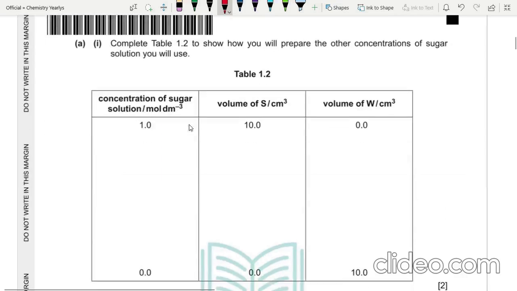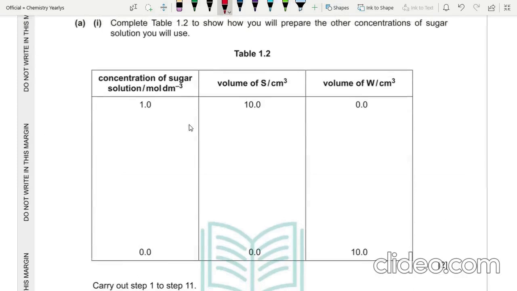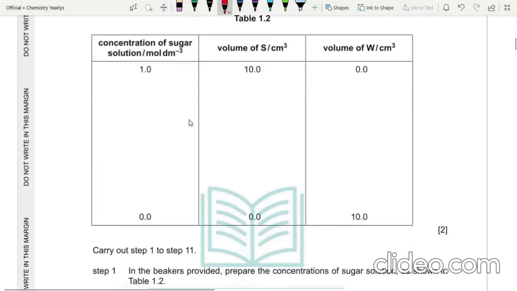So we have to just make 3 other solutions other than that. Part A 1 says to use table 1.2 to show how to prepare the other concentrations of sugar solution you will use. If they have given us 1 and 0.0, let's predict at what concentration gap we will maintain to have 3 concentrations between these ranges. If we keep, for example, a 0.2 gap, it will be 0.0, 0.2, 0.4, 0.6, 0.8 and 1.